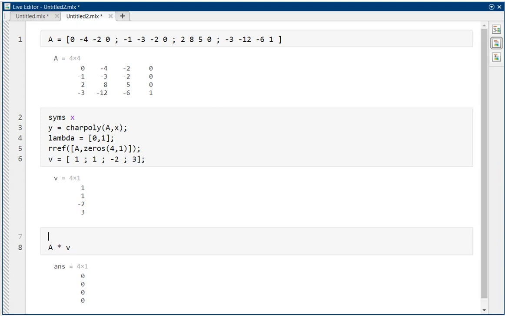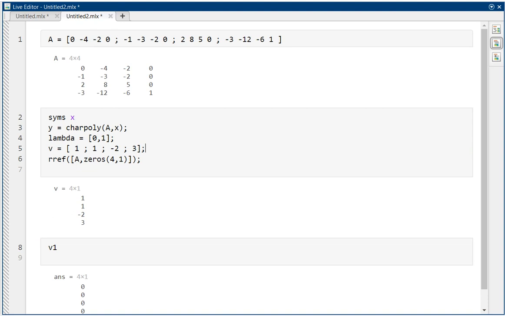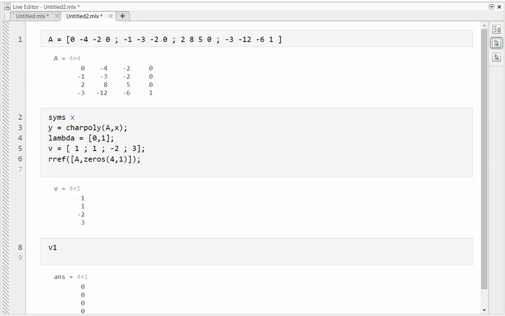So let's semicolon that and go looking for V1. There should be lots of free variables. Here's what I'm looking at: I've got multiplicity 3 for this eigenvalue of 1, and I can have up to 3 linearly independent eigenvectors.